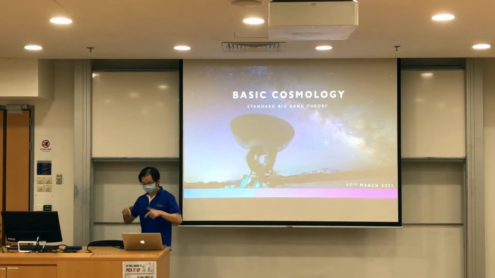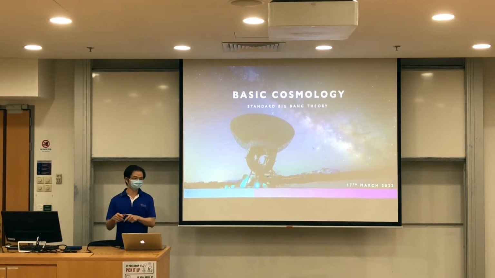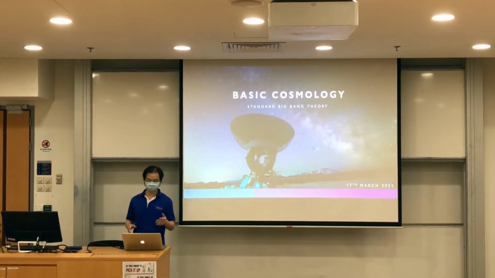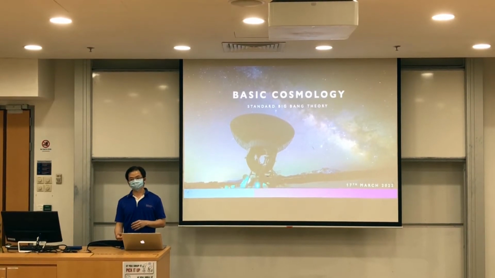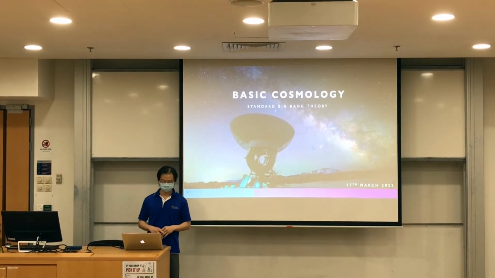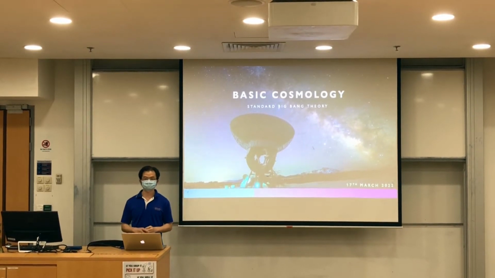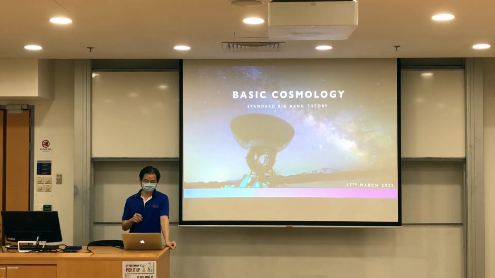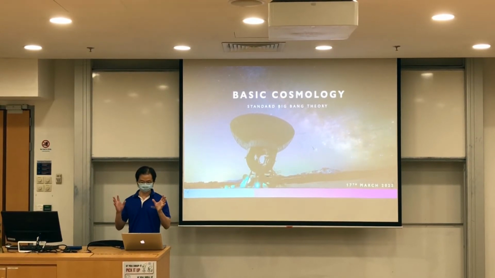Why did I choose to do physics for my PhD? It's actually because of astronomy. When I was young, I was in the library reading astronomy books, even before secondary school. I want to do physics because I want to understand all the stuff that I was reading in astronomy.